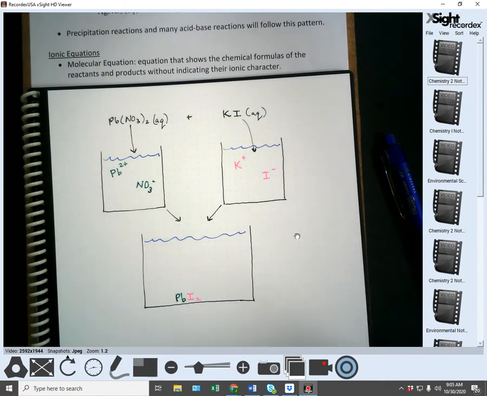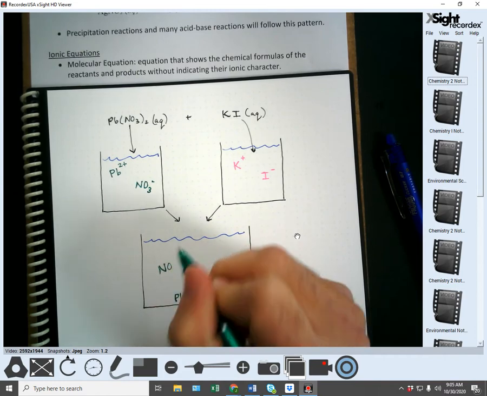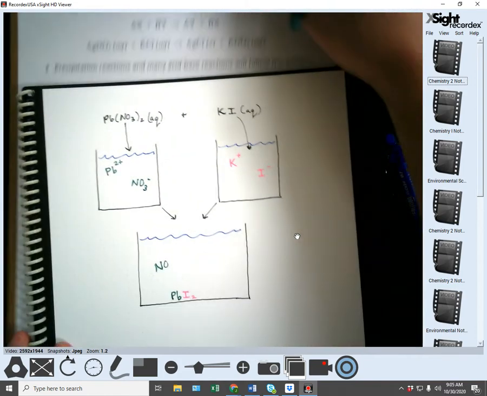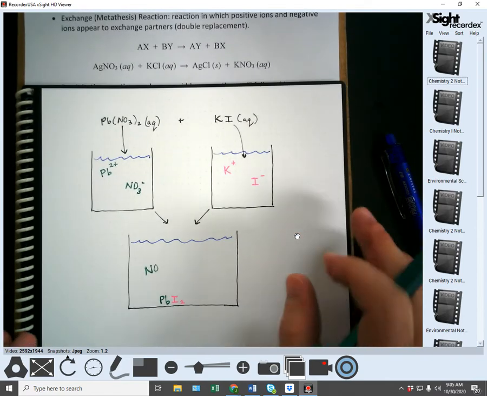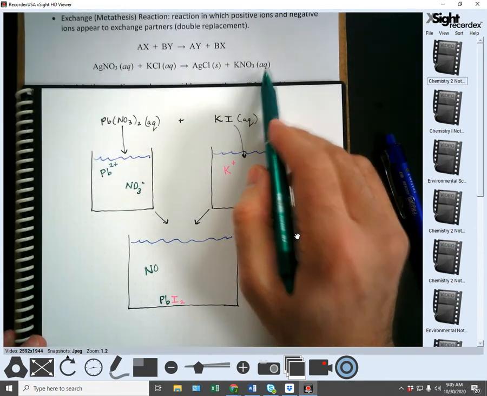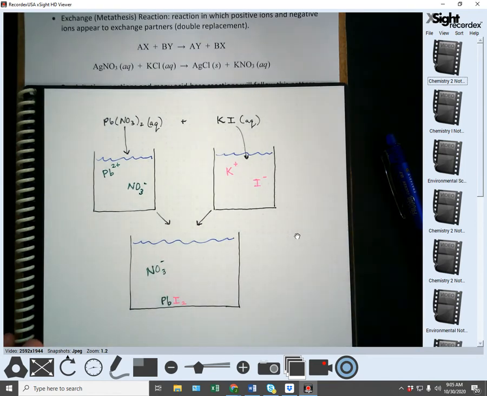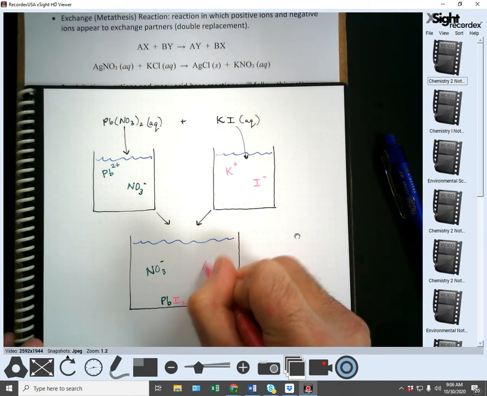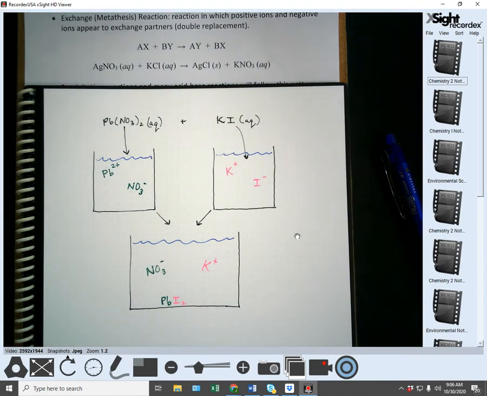Well, the NO3 combines with the K, correct? But it's still aqueous, right? What does that mean? Well, that means it's still dissociated in water.